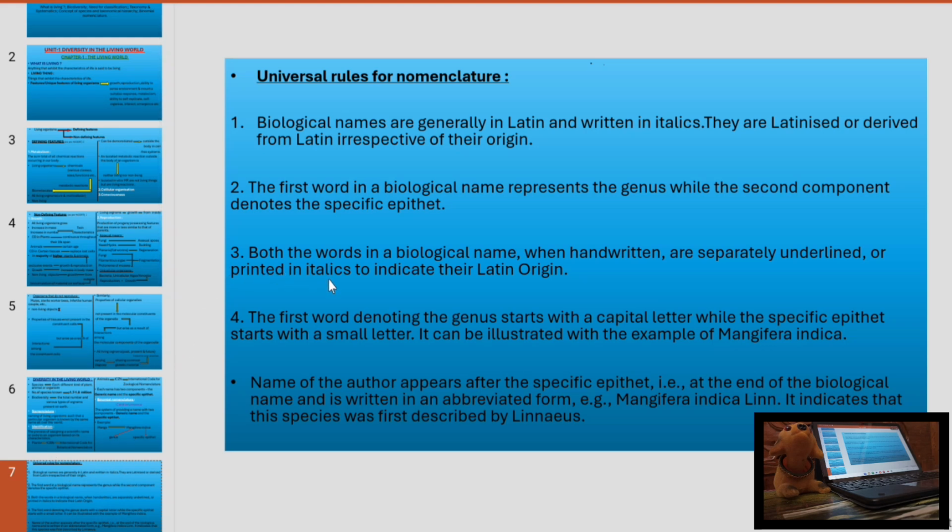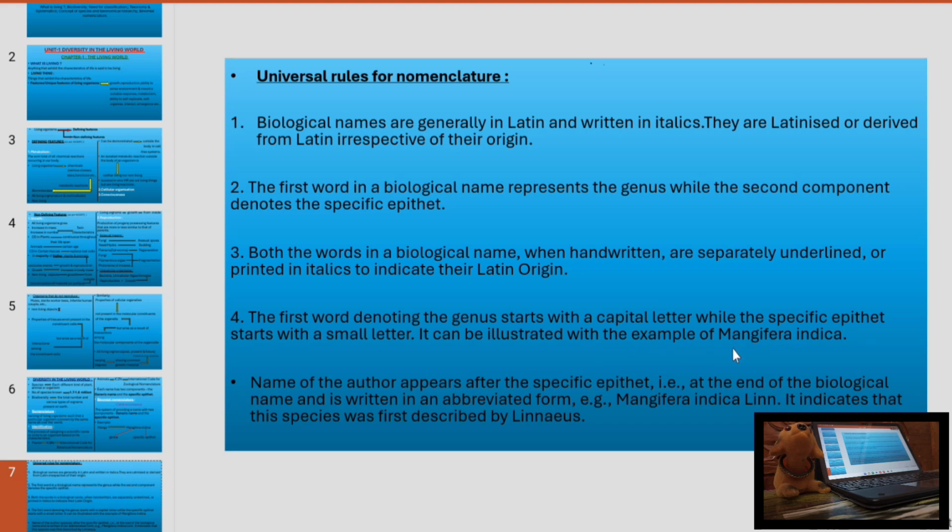Both the words in a biological name, when handwritten, are separately underlined or printed in italics to indicate their Latin origin. The first word denoting the genus starts with a capital letter, while the specific epithet starts with a small letter. It can be illustrated with the example Mangifera indica. So it is very important, guys.